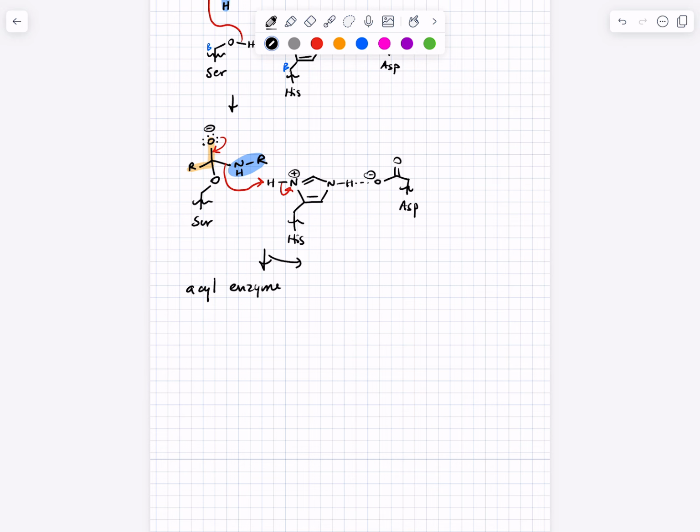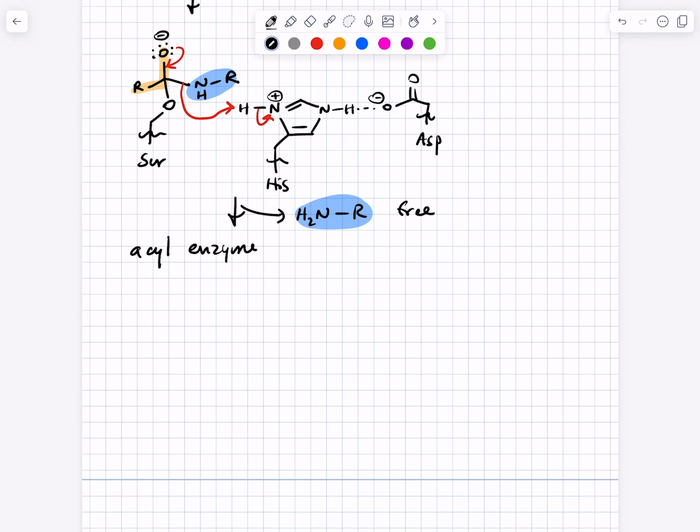The blue amino acid, which I'm just going to represent by drawing the amine portion, is now free. It's been hydrolyzed off. The orange is still present in the active site, and now it's linked to that serine side chain, which is still interacting with the aspartate.